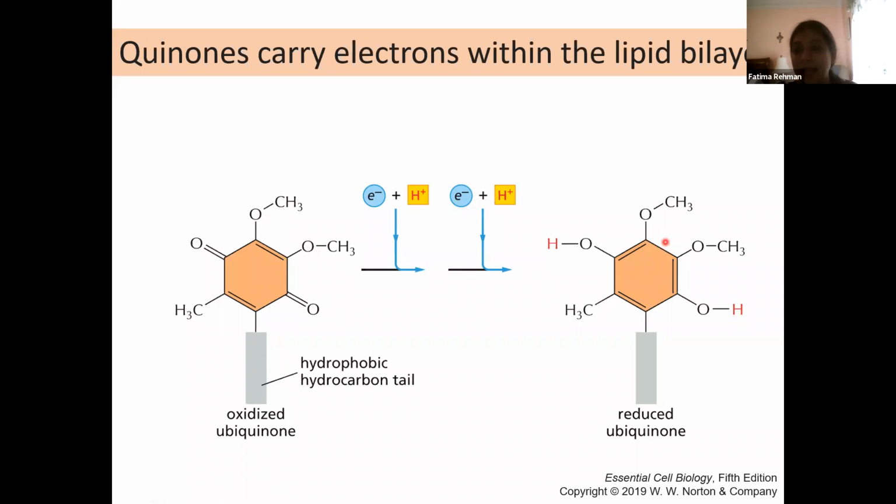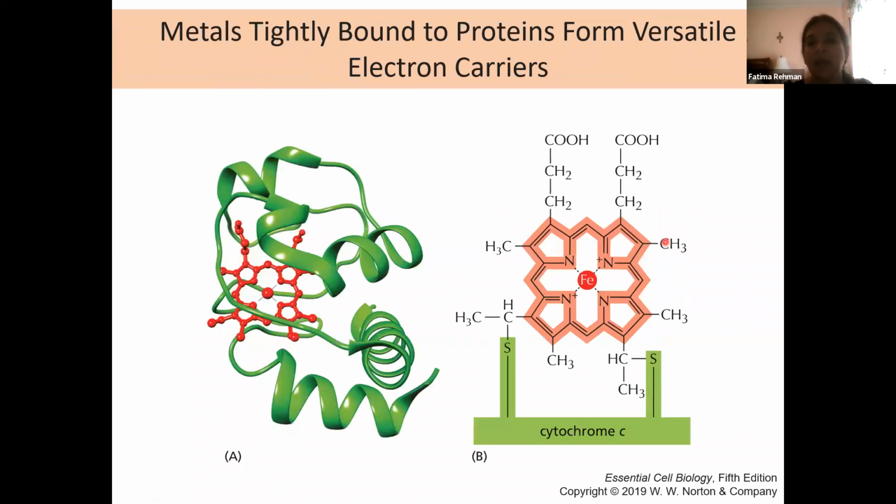So basically, the electrons can't just be released to transfer by themselves. They have to be transferred to a carrier molecule, either NADH or the ubiquinone or the cytochrome C, one or the other. Now, in some cases, you have metals that are tightly bound to proteins to help with that function.